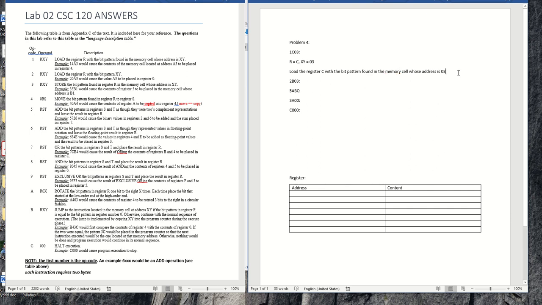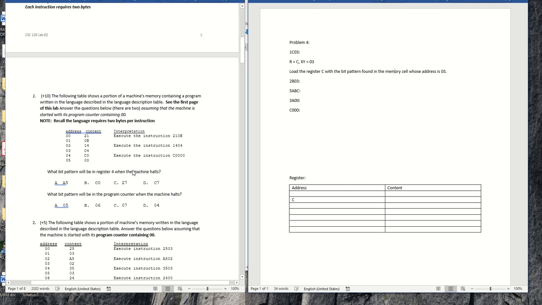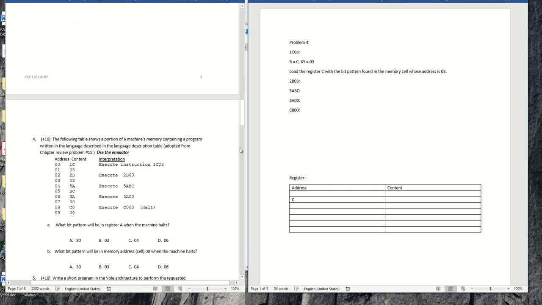We still don't know the bit pattern, because this says to load register C. So register C down here is going to be loaded with the bit pattern found in the memory cell whose address is 0, 3. So now we're referencing back to our main memory. Let's go back to our problem and see what's at that memory cell. Memory cell whose address is 0, 3. Address 0, 3 has a content of 0, 3. Well, that is a coincidence.